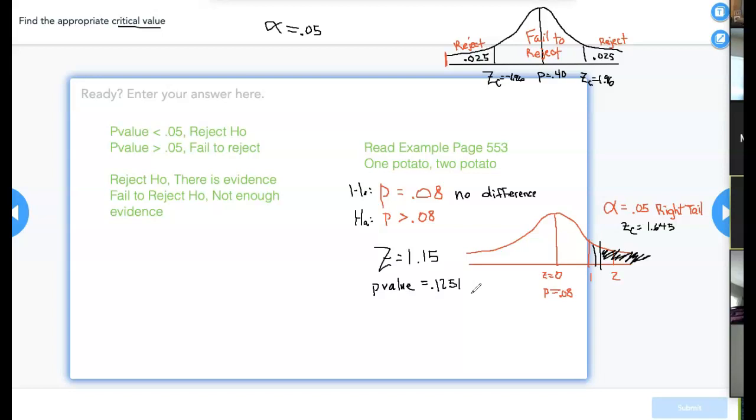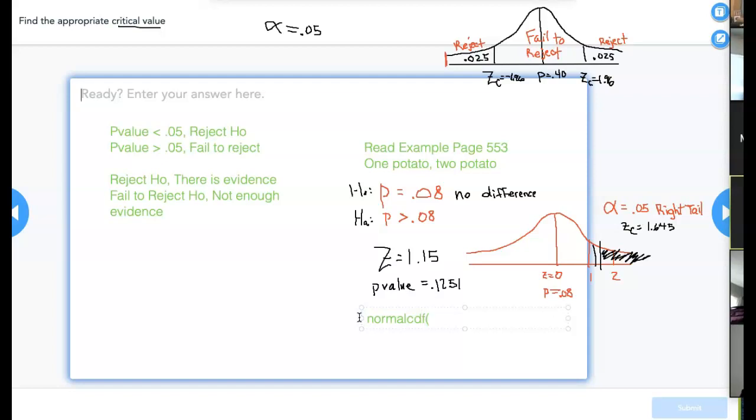We could look it up in the table to get the p-value, or we could use the calculator to get the p-value. So I'm going to calculate it. There's two ways to do it on Normalcdf. So I could do it in terms of the original values.